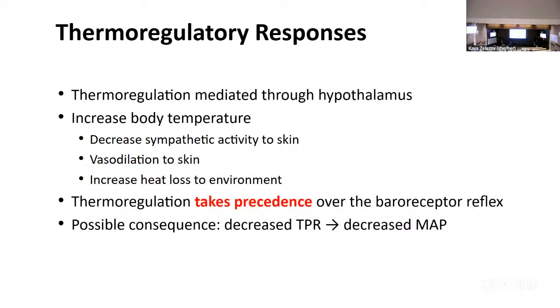Okay. So when we notice that body temperature goes up, right? You're outside on a really hot day, doing really strenuous activity, you're overheating, we know, and we're going to start sweating, right? We can immediately see that kind of mechanism in place, trying to cool us down.